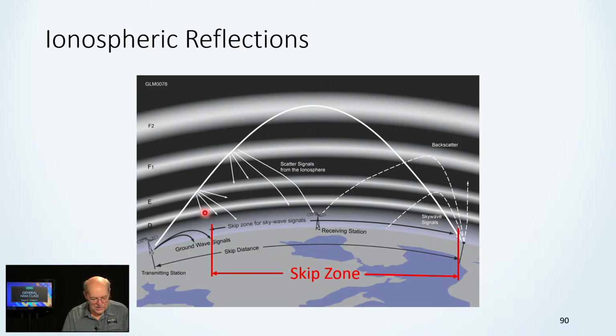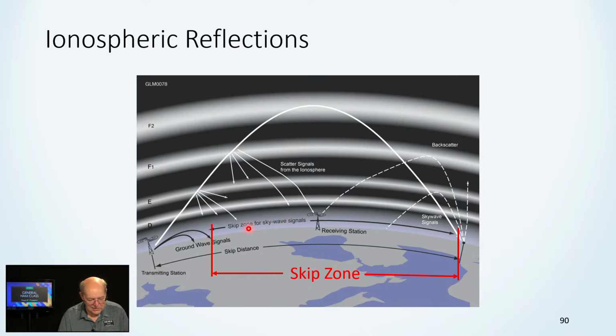Ionospheric reflections that occur that don't go all the way up to the main layer that they're aiming for, and coming back down, will scatter some RF back down again that will actually land in the skip zone. So this type of propagation will fill in some of those dead spots. So we've got it happening here at the E layer and the F1 layer, up and back down. So this is called scatter.